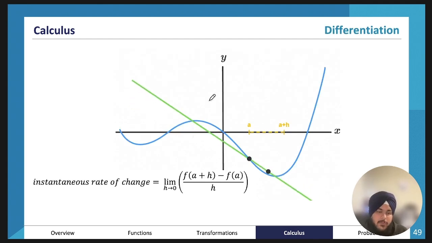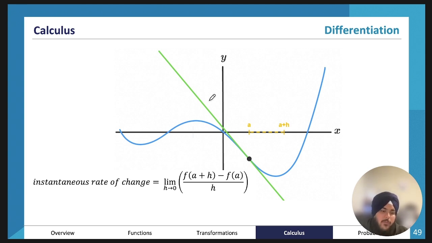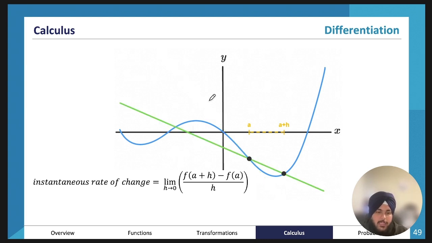However, there is the first principles method that you do need to know in a little bit of detail, but not too much, and it really won't come up that often in the exam. But just know that it is derived from the average rate of change formula. So really just be aware of that.